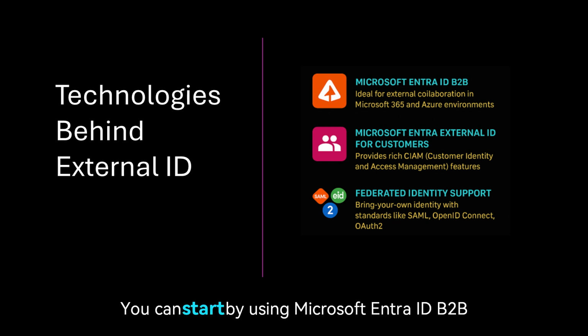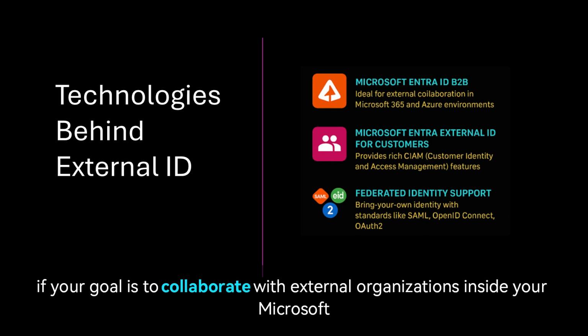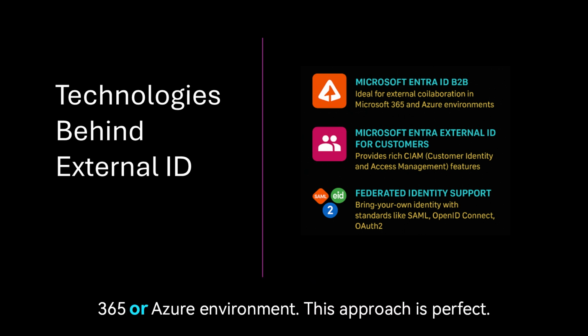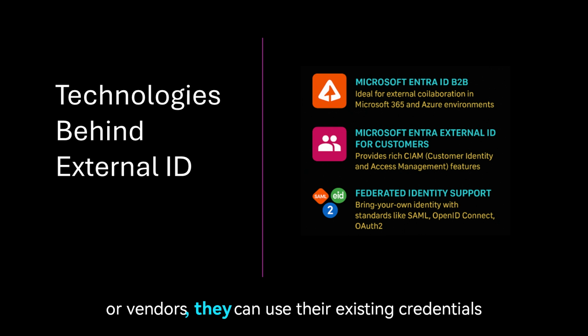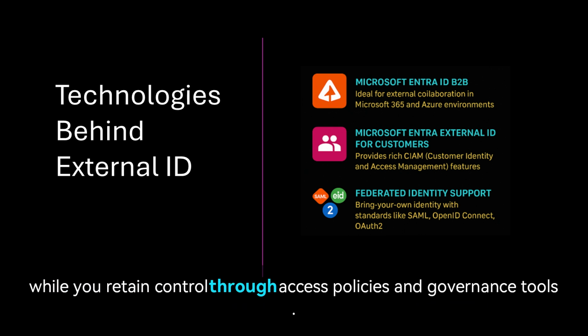You can start by using Microsoft Entra ID B2B if your goal is to collaborate with external organizations inside your Microsoft 365 or Azure environment. This approach is perfect when you need to work with partners, suppliers, or vendors. They can use their existing credentials while you retain control through access policies and governance tools.